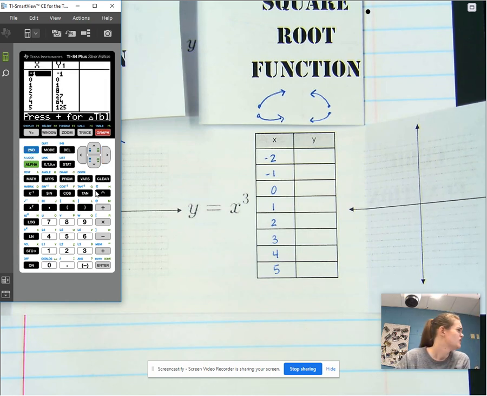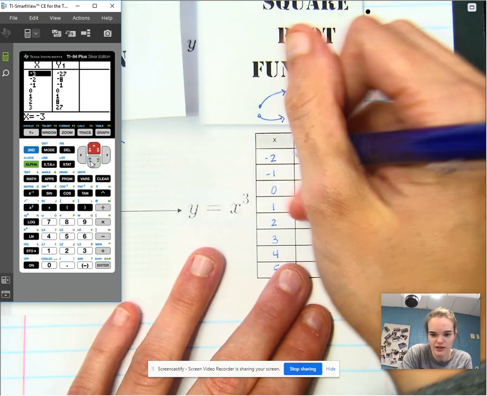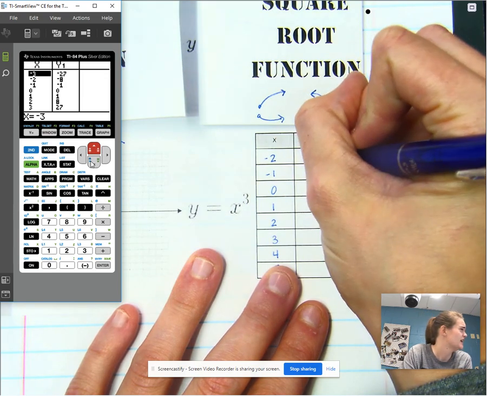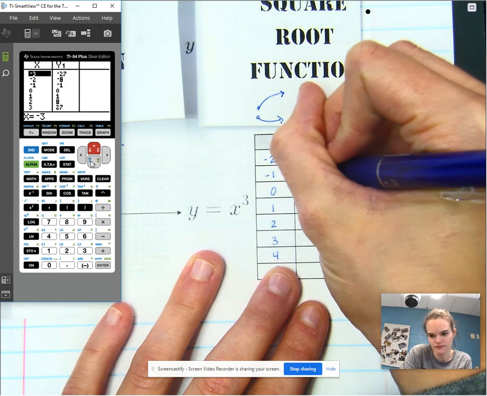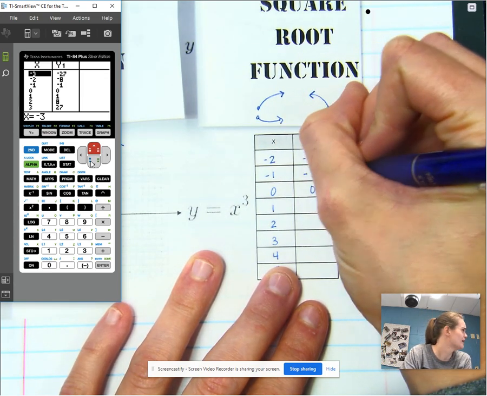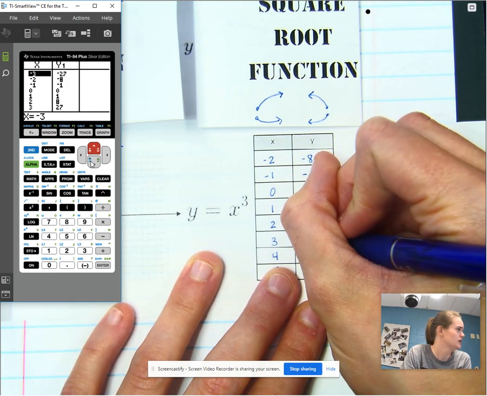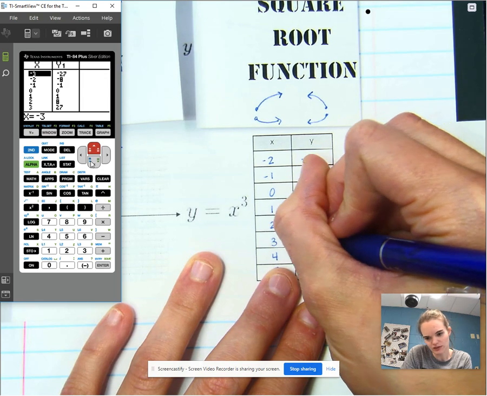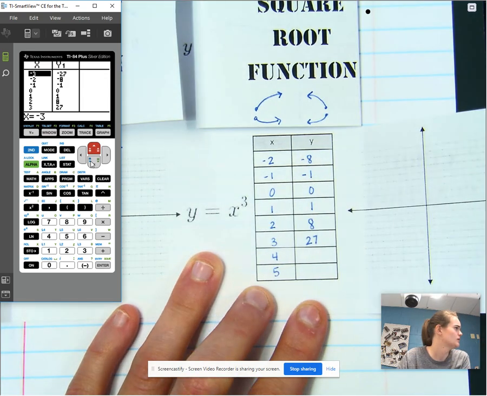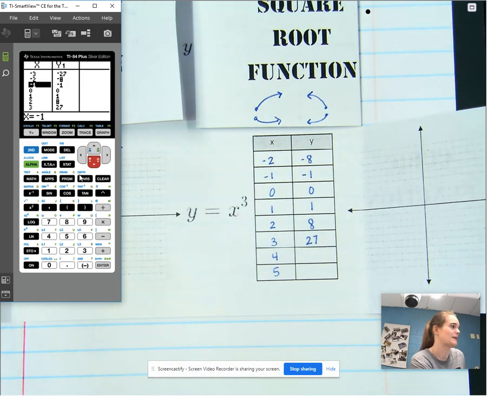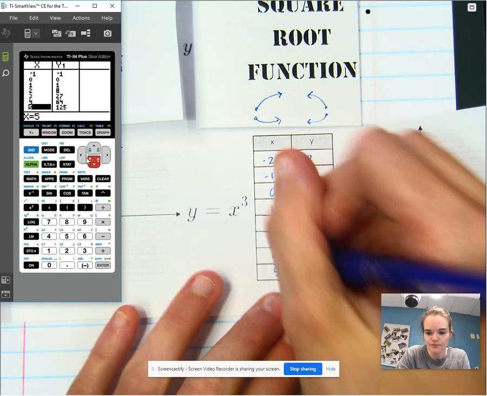All right, so let's go up. We need -2. So -2 is -8. -1 is -1. 0 is 0. 1 is 1. 2 is 8. 3, 27. 4 is 64.